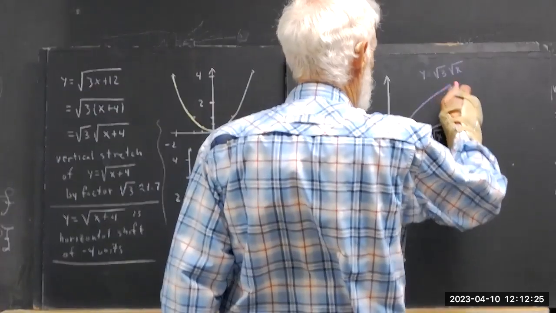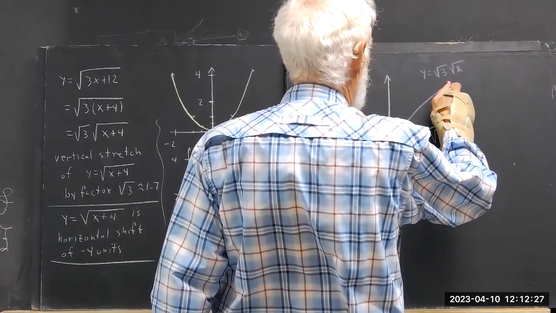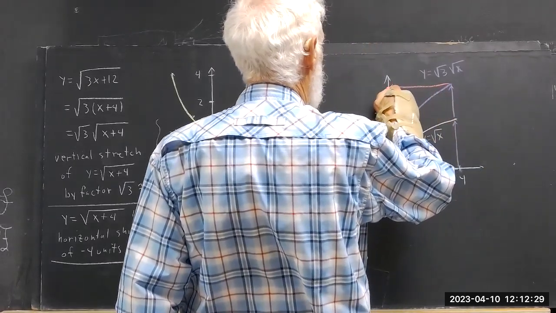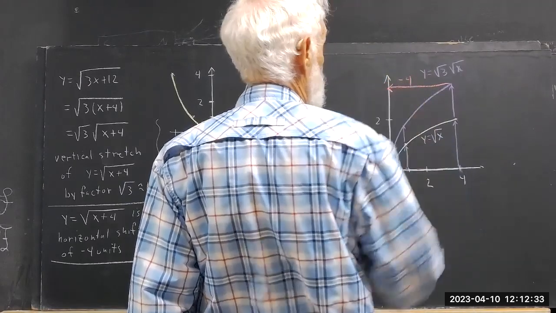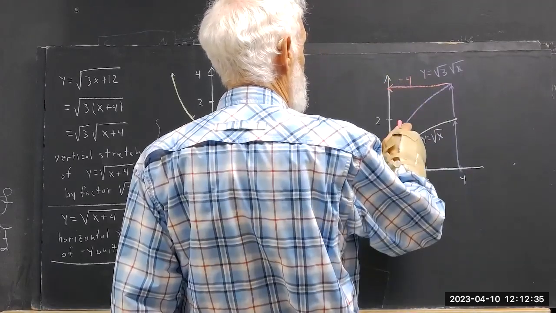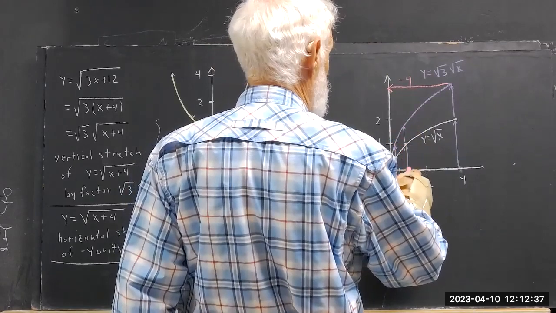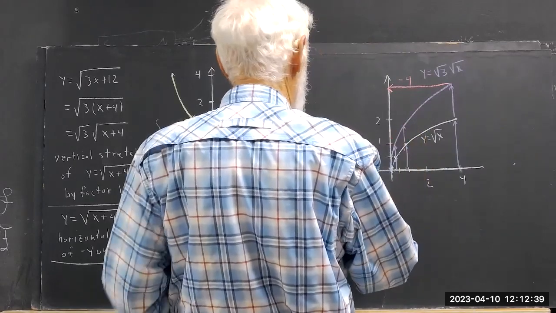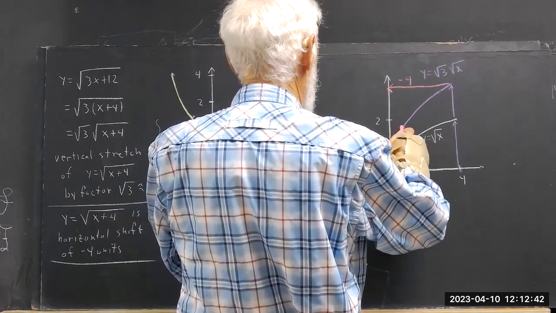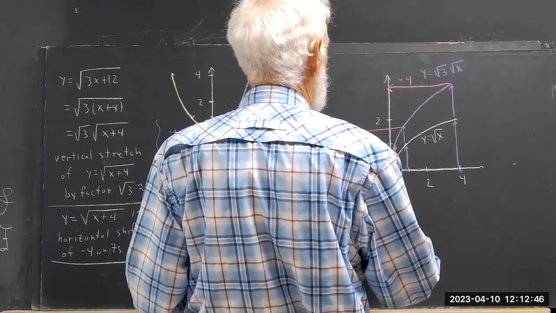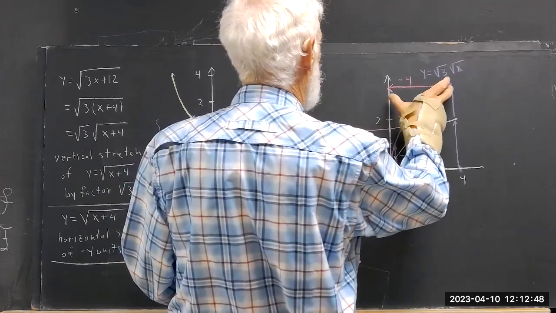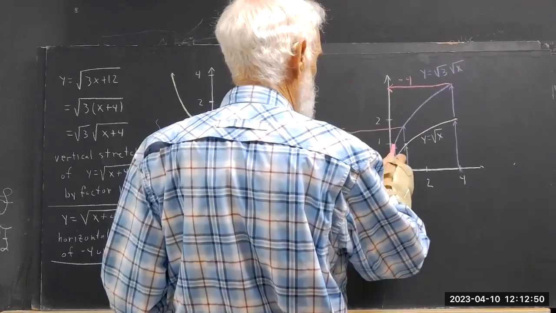Okay, so this point, which is at x equals 4, ends up here. This point, which is at x equals 1, ends up over here. Well, that's roughly the same. That's kind of okay.